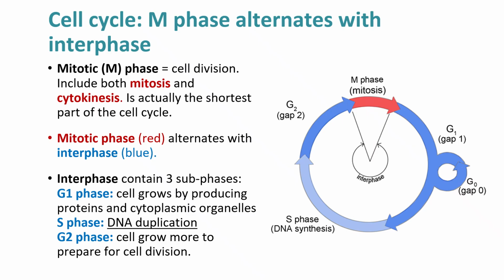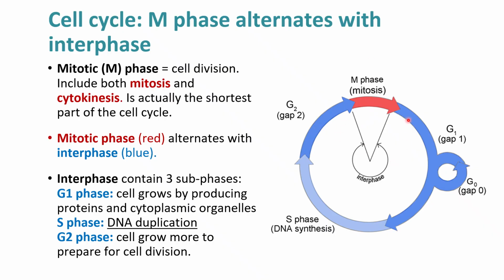Each cell cycle can be broken into two main phases. We have interphase, and then we have the mitotic or the M phase. The mitotic phase is actually cell division, and that's only a small part of the cell cycle. The cell spends the majority of its time in interphase, which contains three subphases.